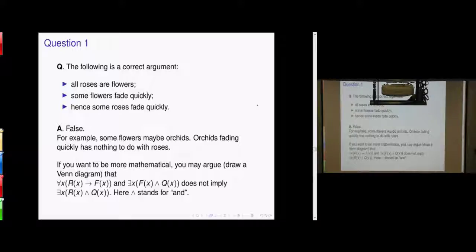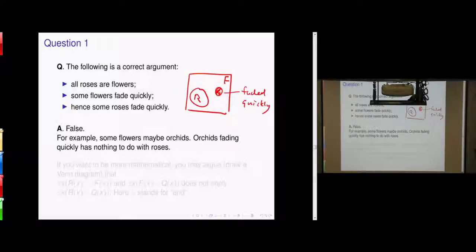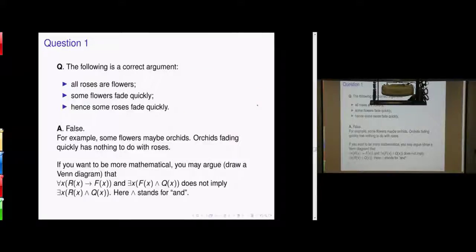It's like the part we draw. If here are the orchids, which are disjoint from roses, then this part, faded quickly, has nothing to do with R. Anyway, is this okay? You understand?